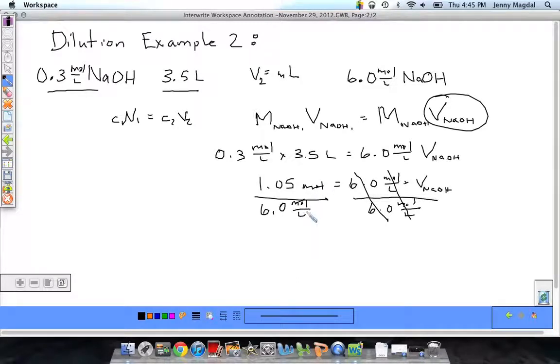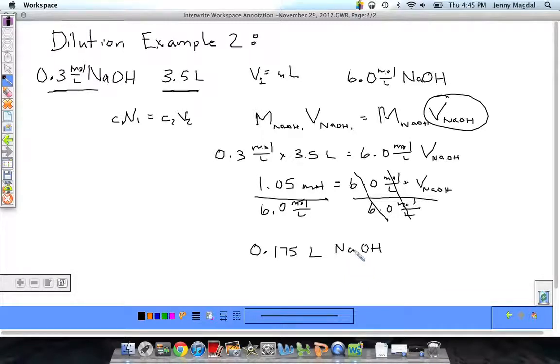I have 1 over liters, which means I have a unit of liters in the end. And I take 1.05, divide it by 6, and I get 0.175 liters of NaOH that I start with and then dilute to a total of 3.5 liters.